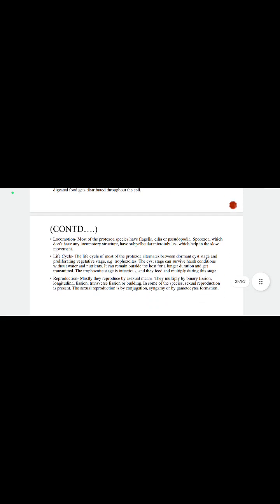Their locomotion. Most of the protozoa species have flagella, cilia or pseudopodia. Sporozoa, which do not have a locomotor structure, have subpellicular microtubules which help in slow movement. Then life cycle. The life cycle of most of the protozoa alternates between a dormant cyst stage and a proliferative vegetative stage, the trophozoite.